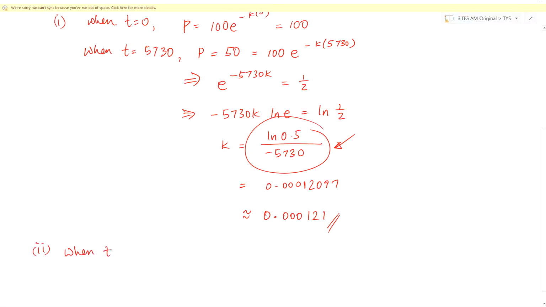When t is 8,000, the value of P is 100 times e to the power of negative, so the value of k is ln 0.5 over negative 5730. This is my k, multiplied by 8,000.